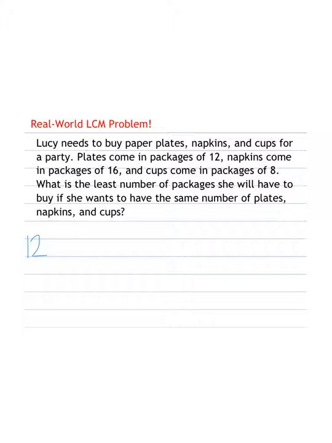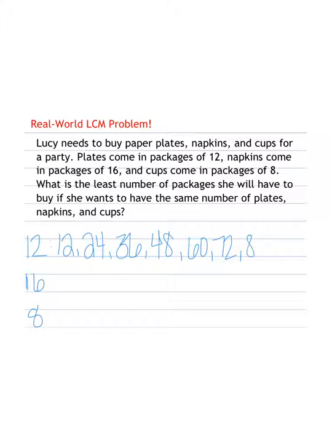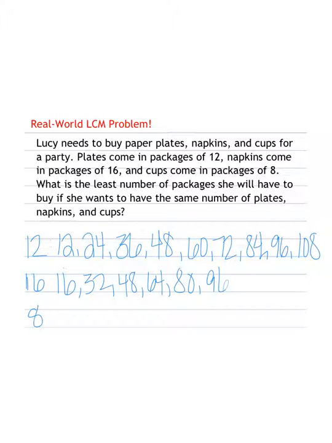So 12, 16, and 8. So 12, 24, 36, 48, 60, 72, 84, 96, 108. 16 is going to be 16, 32, 48, 64, 80, 96.